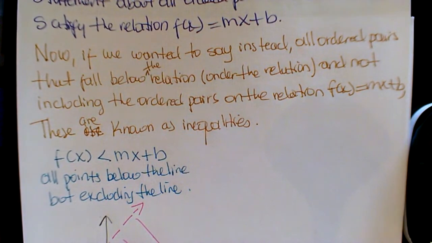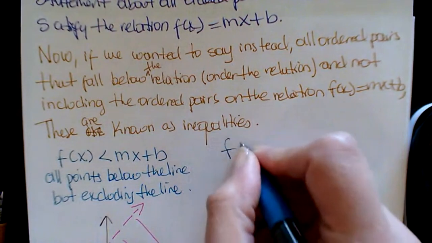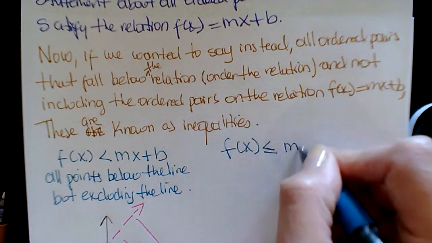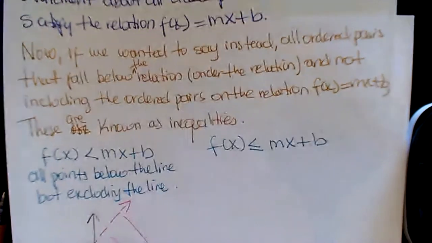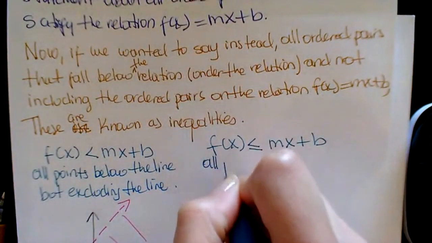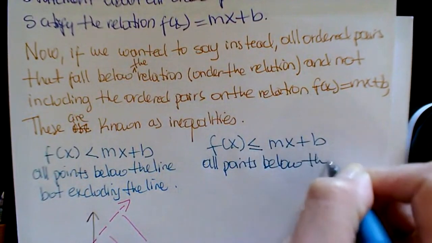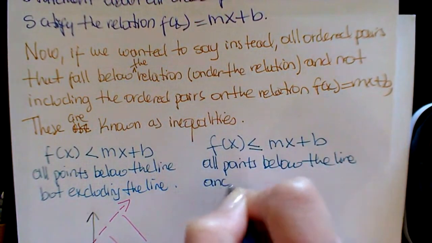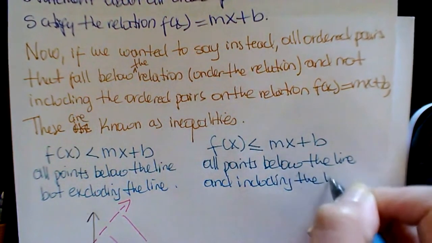Now, let me show you this one. F of x less or equal to mx plus b. So it's all points below the line and including the line.